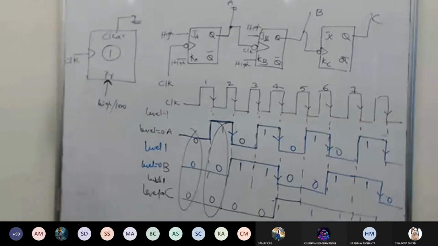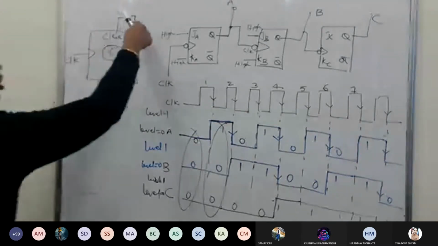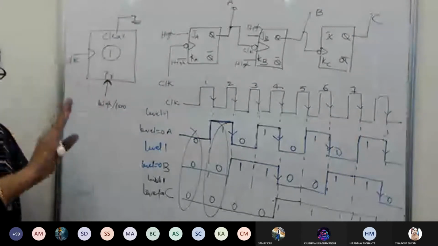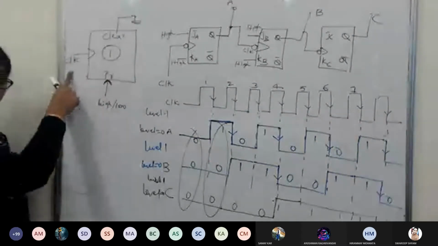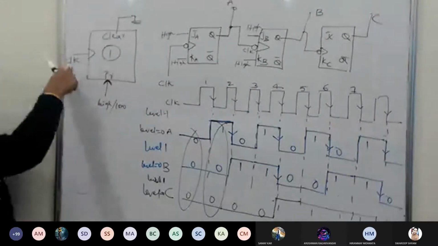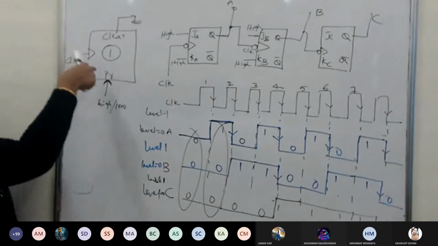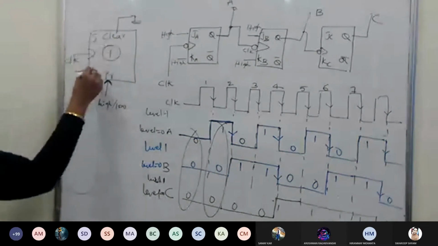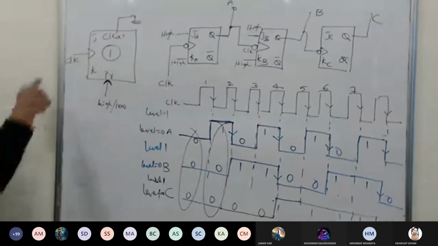And this clear, as long as we don't touch or fiddle with it, it will be running the show, apart from the clock. So clock has an understanding with the clear and clock has an understanding with the preset. Remember that. This is the actual hardware theory behind the making of a flip-flop. Apart from the inputs, if it is J and K, they are separate inputs.